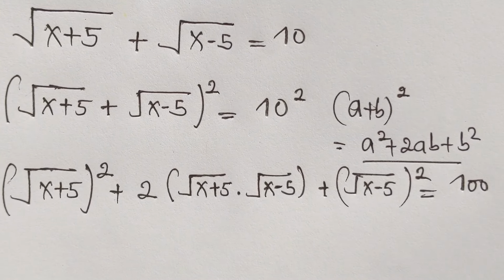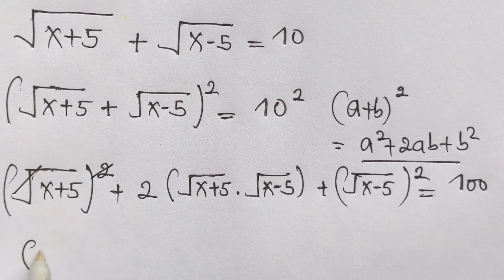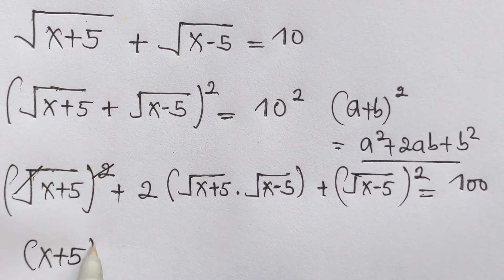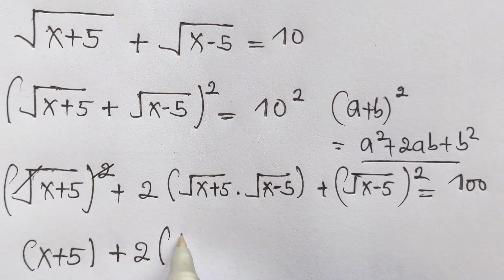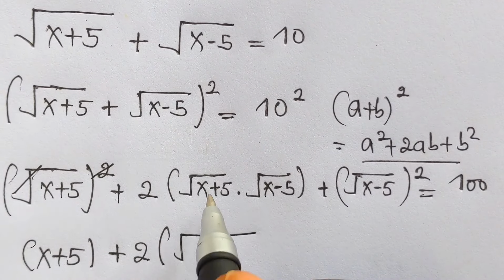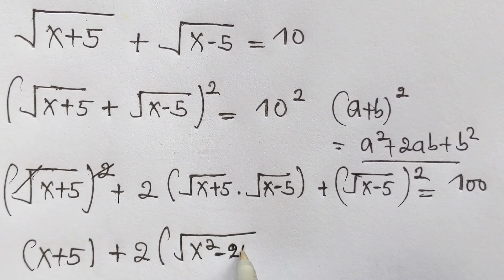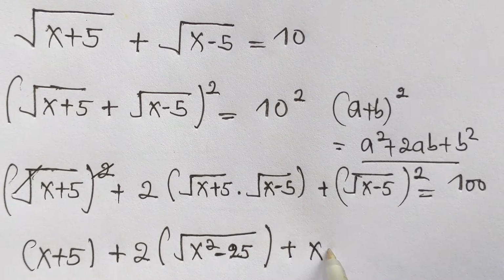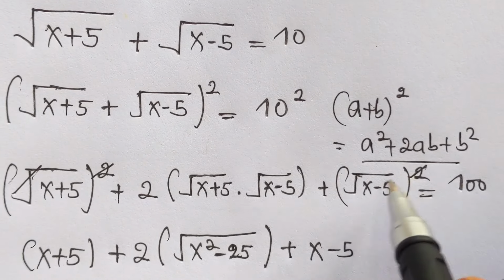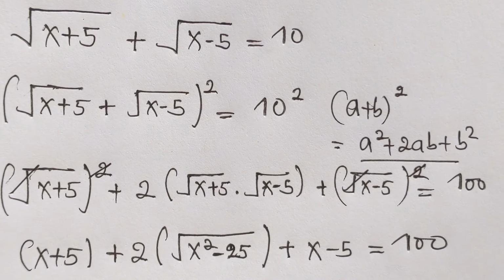Right, then the square roots and squares cancel to get x plus 5, plus 2 square root of x squared minus 25, plus x minus 5, equals 100.